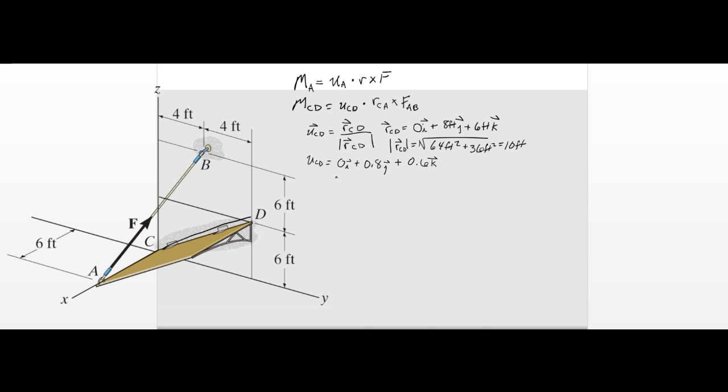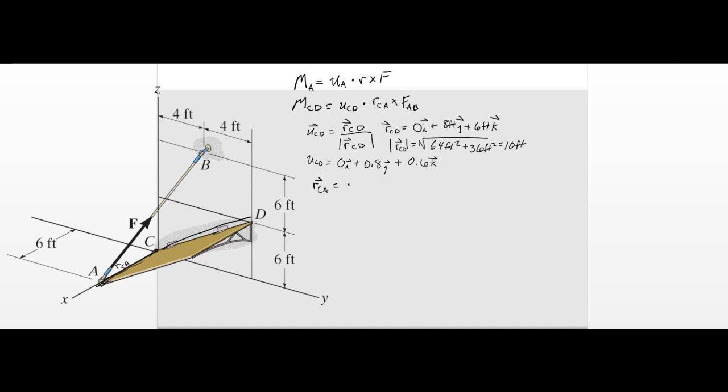So now that we have UCD, let's calculate RCA. C to A here. So we need this RCA, along here. All right. Because the components of C again are 0, all we really need is the components of A to calculate RCA.